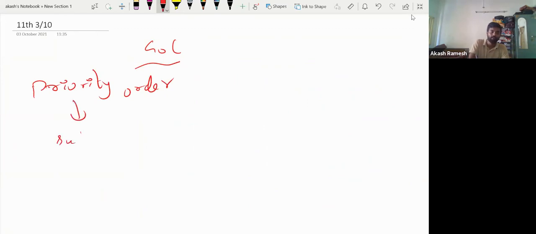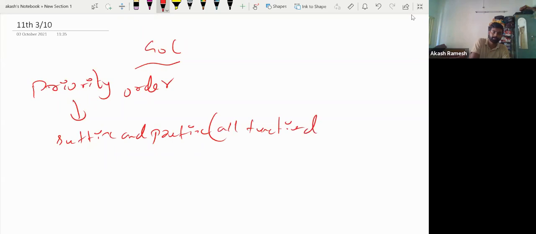After that we'll go for suffix and prefix for all functional groups. For all the functional groups there'll be certain prefixes and certain suffixes, all those things we'll try to understand. Okay, now talking about the priority order.